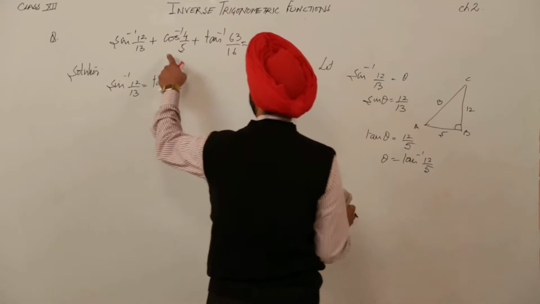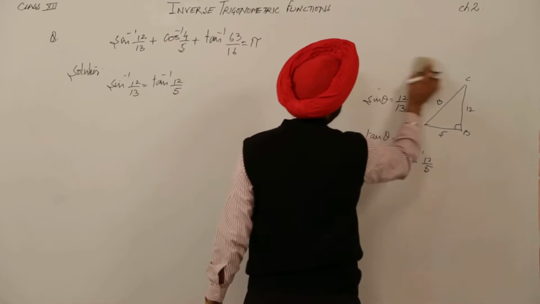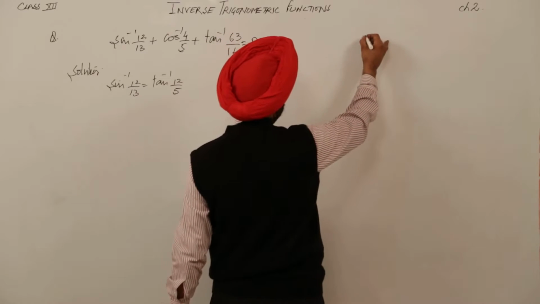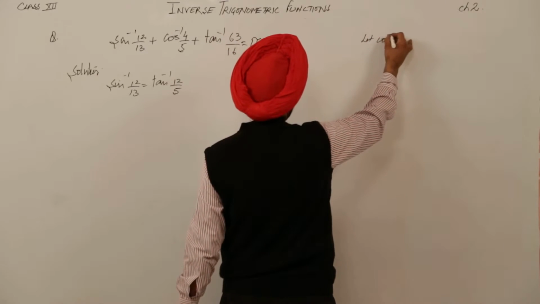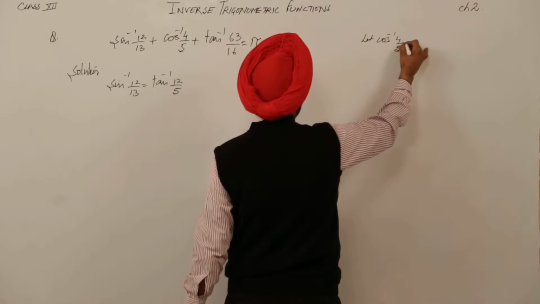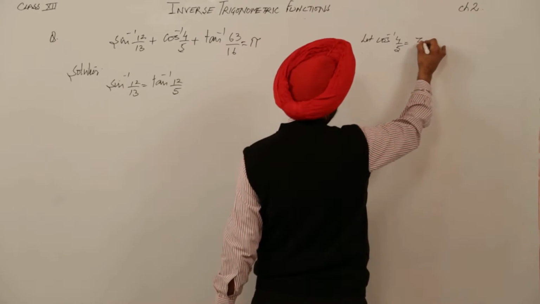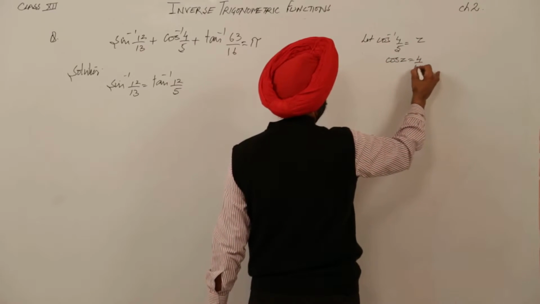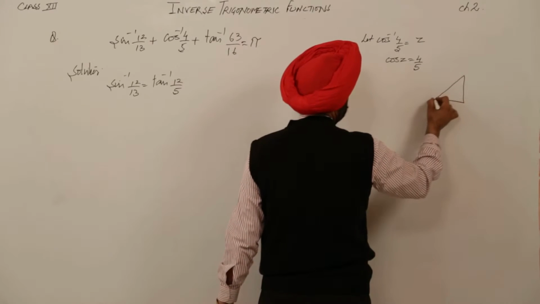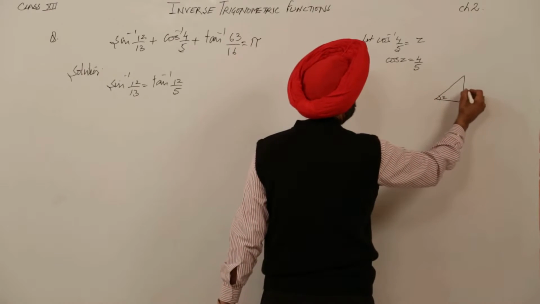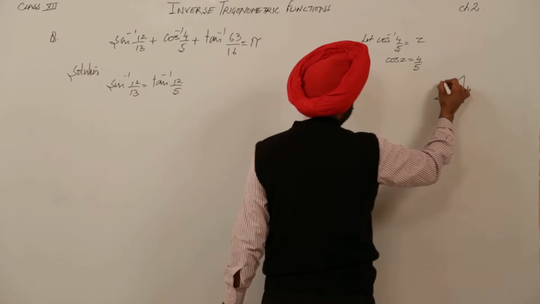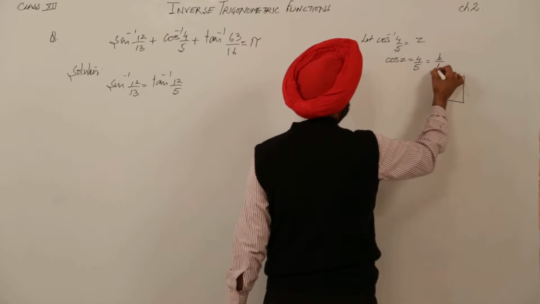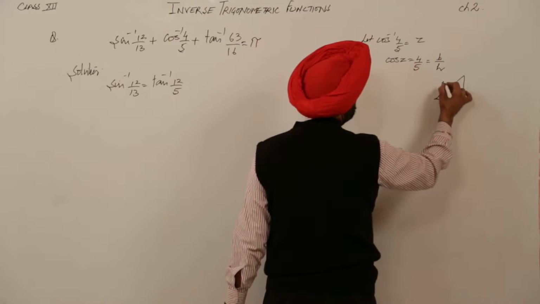Now the second part is changing cos inverse. Below this part, you can write: let cos inverse 4 by 5 be z, then cos z is equal to 4 by 5. Make a triangle, this angle is z. Cos is base upon hypotenuse, so this is 4, this is 5.